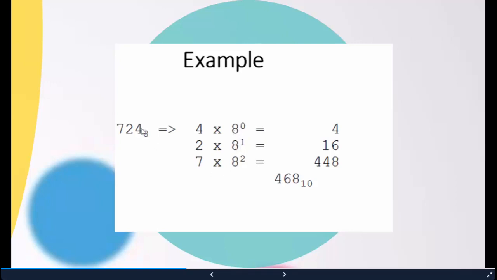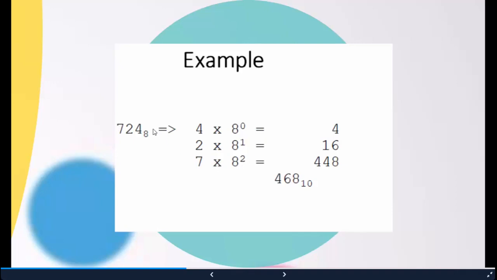So 4 times 8 raised to the power of 0, 2 times 8 raised to the power of 1, 7 times 8 raised to the power of 2.